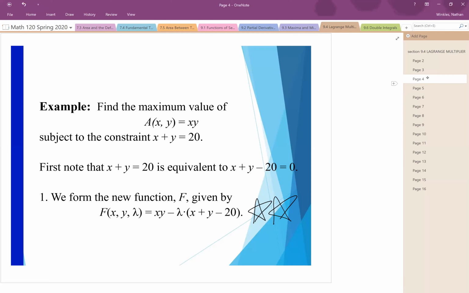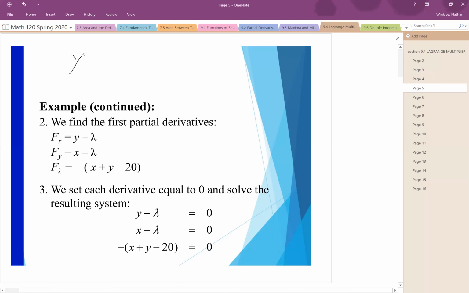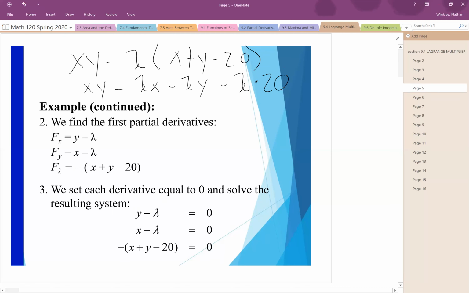We have xy minus lambda times x plus y minus 20. Another way we could write this is xy minus lambda x minus lambda y minus lambda times 20.